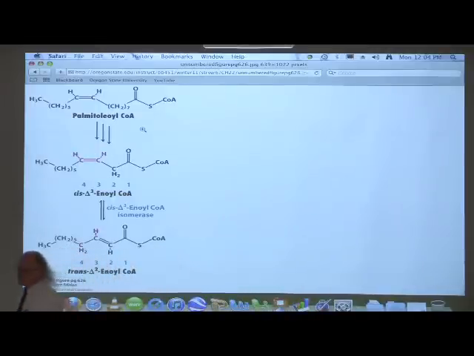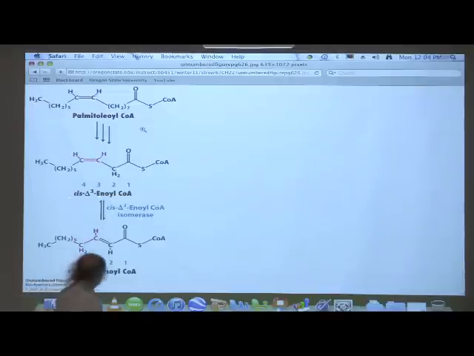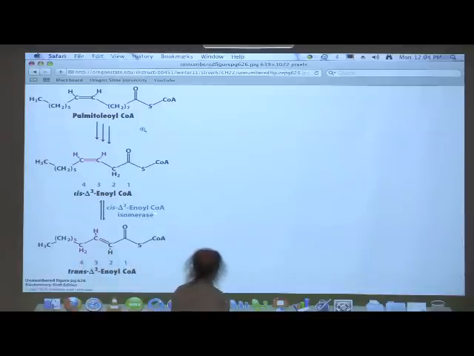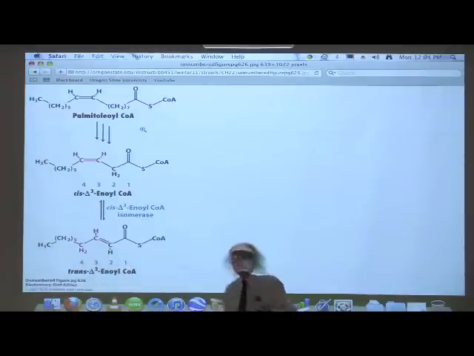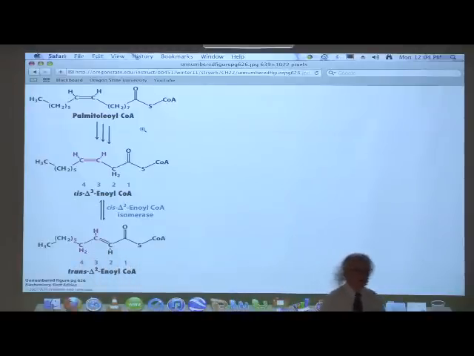When that double bond appears in positions 3 and 4, as it would during the oxidation of an unsaturated fatty acid, there's an enzyme called cis-delta 3-enoyl-CoA isomerase. I know, you want to... What's it going to be?